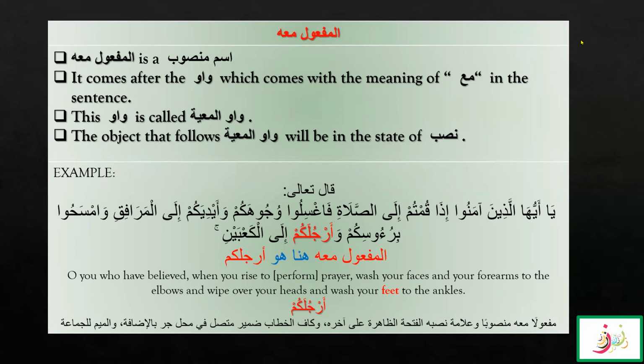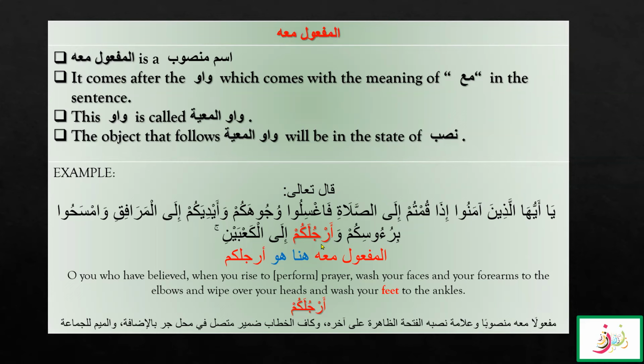Let's see it. يا أيها الذين آمنوا إذا قمتم إلى الصلاة فاغسلوا وجوهكم وأيديكم إلى المرافق وامسحوا برؤوسكم وأرجلكم إلى الكعبين. Here we can see the word arjulakum. It is not attached with biru'usikum because we know that it is the harf of jar attached with ru'usikum.